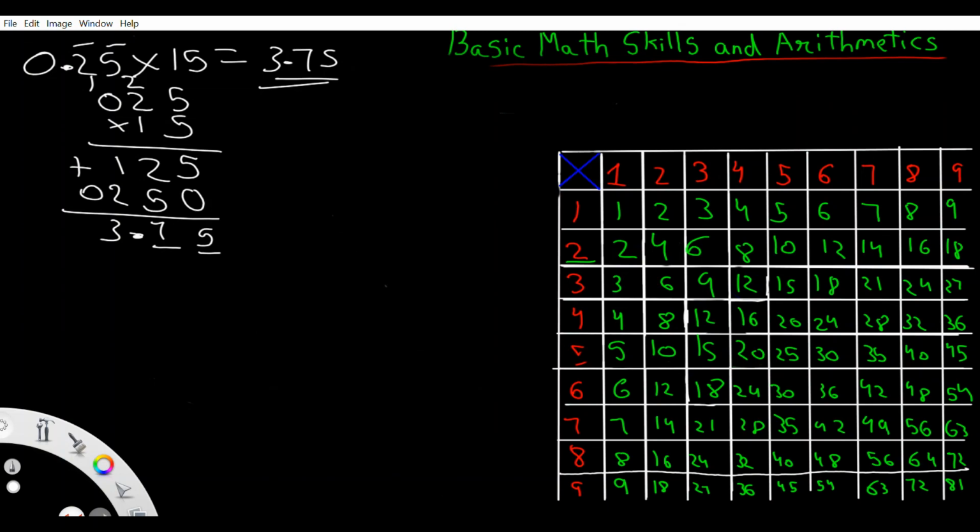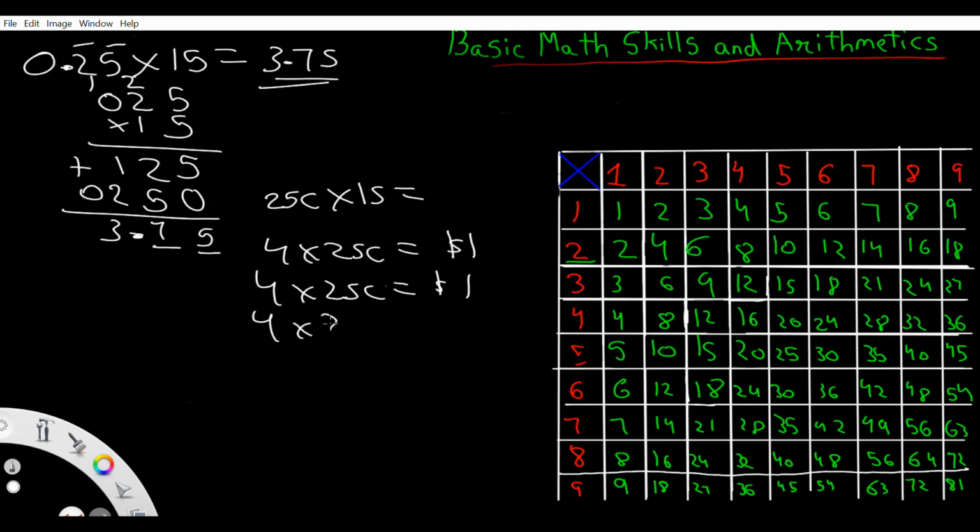Think of it as money. If you want to multiply 25 cents 15 times, what do we get? But we know that 4 times 25 cents make $1. But we need 15, not 4. So we do another 4 times 25 cents.